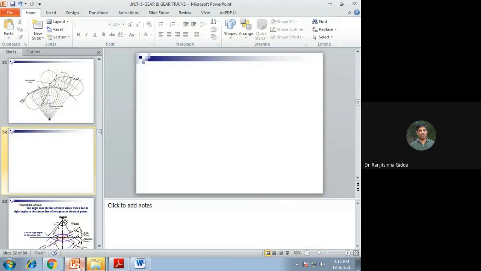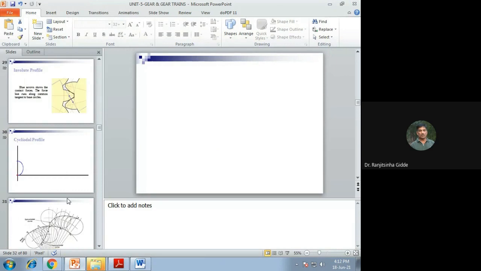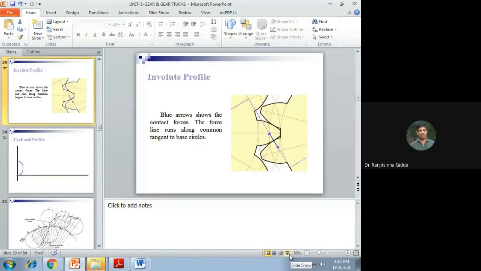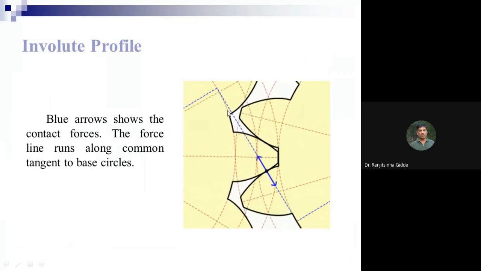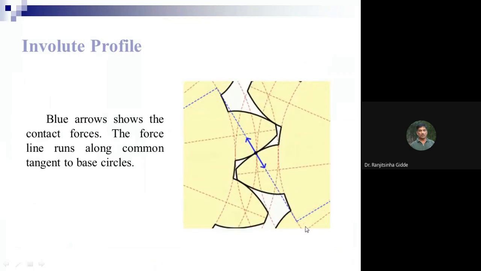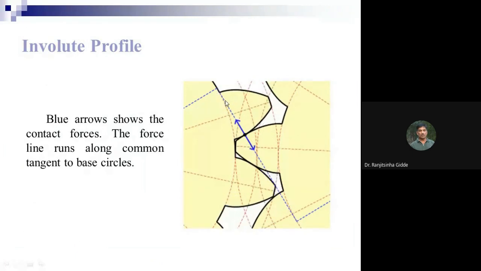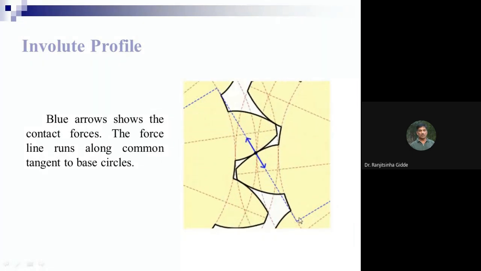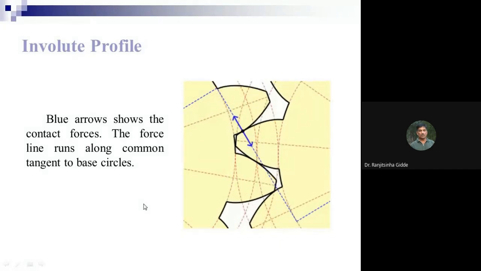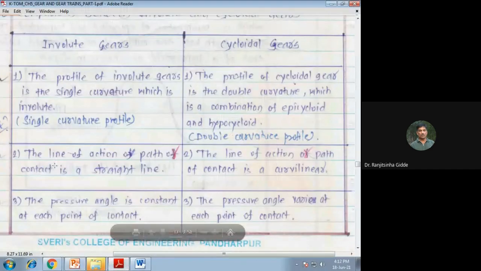Now I will show for involute. This blue line, what does it indicate? Path of contact or line of action. What is the nature here? Straight line, and that we have written here. The line of action or path of contact is a straight line.